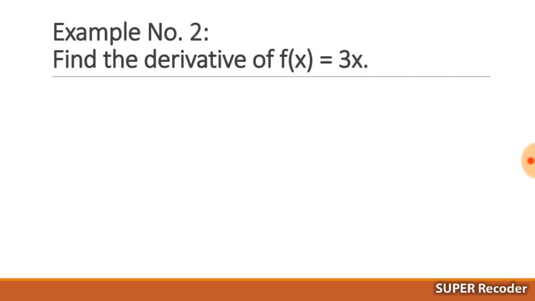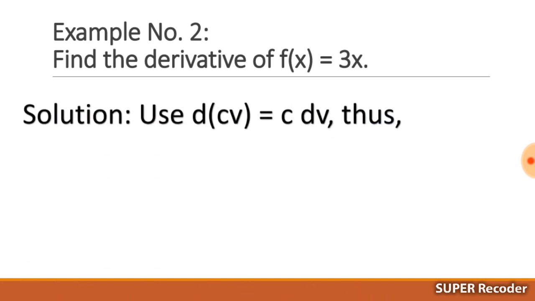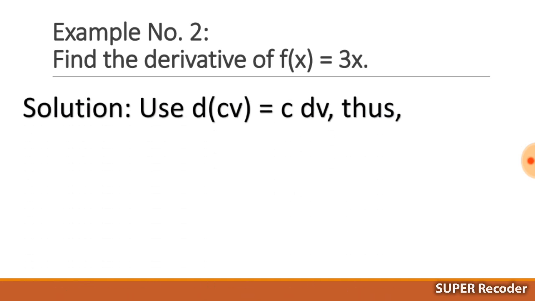For our next example, we're going to find the derivative of f of x, which is equal to 3x. We're going to use the derivative of the product of a constant and a variable, which is equal to c times the derivative of v, or the derivative of a variable.